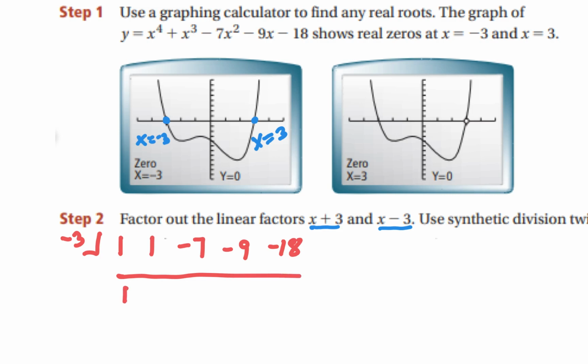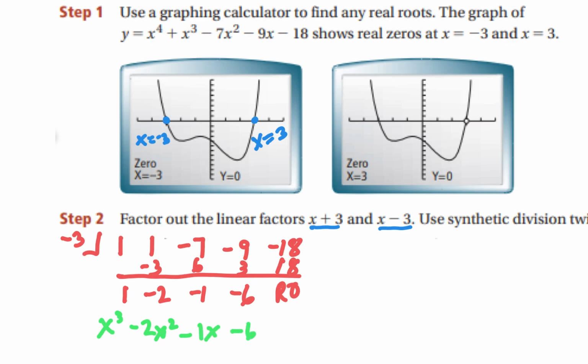Bring down the 1, -3 times 1 is -3. 1 plus -3 is -2. -3 times -2 is 6. -7 plus 6 is -1. -3 times -1 is 3. -9 plus 3 gives you -6. -3 times -6 gives you 18. -18 plus 18 is 0, so that's your remainder. So now the new polynomial is x to the third power minus 2x squared minus 1x minus 6.